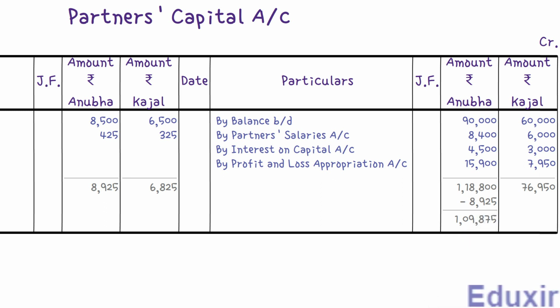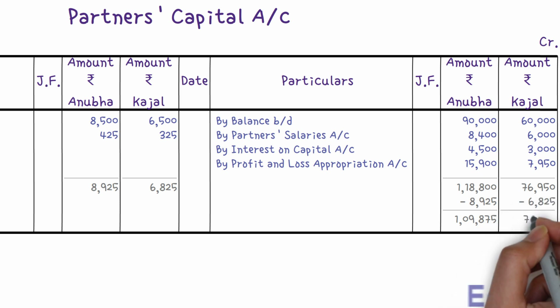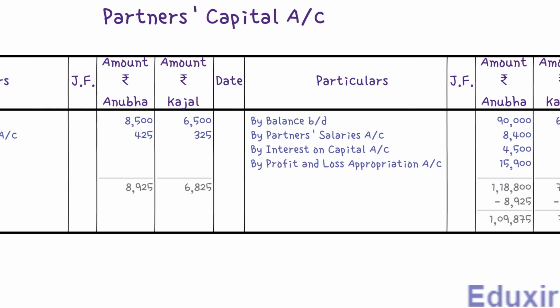Similarly, from the total on the credit side for the partner Kajal, which is 76,950 rupees, if we subtract the total on the debit side, which is 6,825 rupees, we get 70,125 rupees. These are the credit balances of the individual partners and should be written on the debit side.